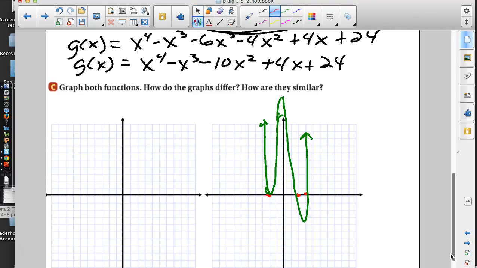The other one was zeros at -2, 2, and 3. So same zeros. But that one was a cubic. Let me put that one up here again so you can see it. That one was x to the third minus 3x squared minus 4x plus 12.